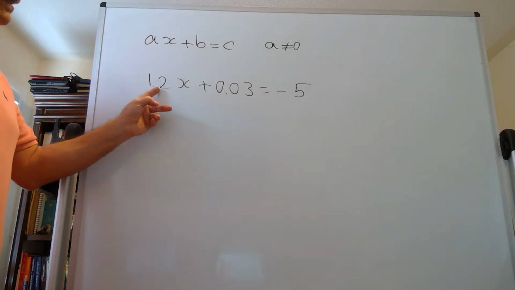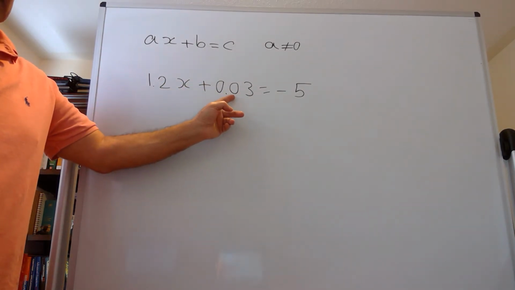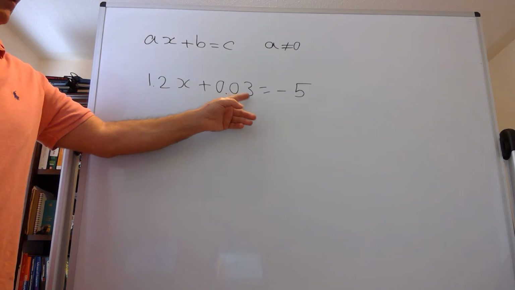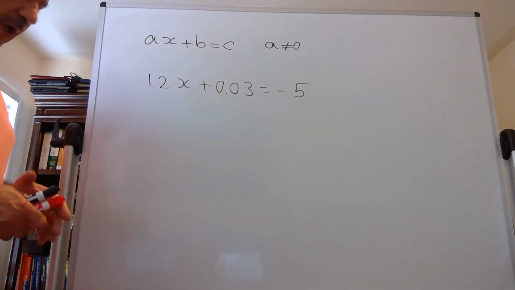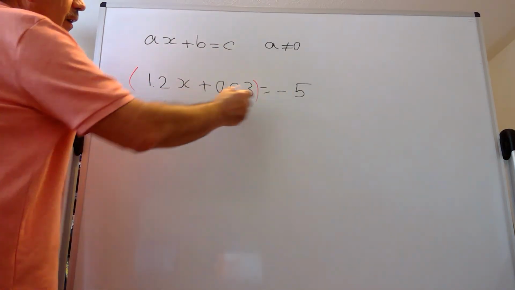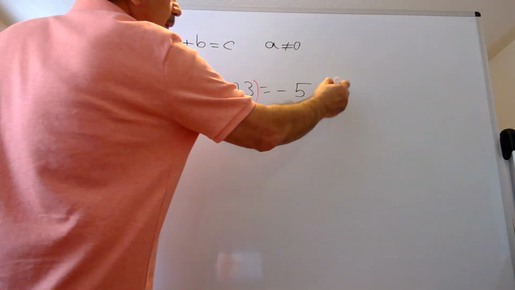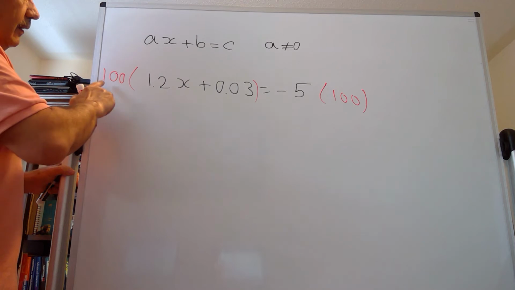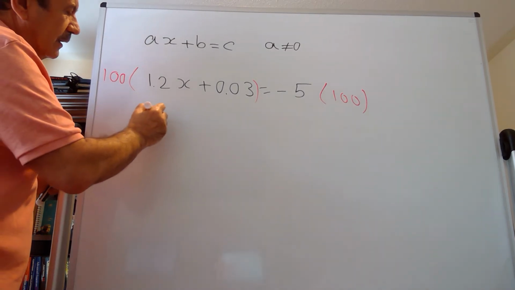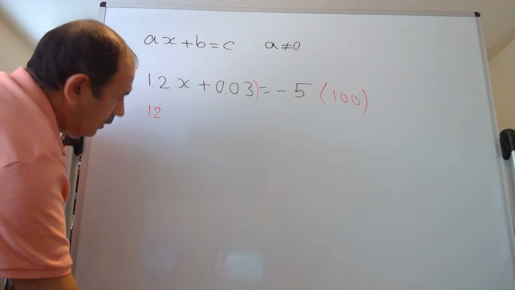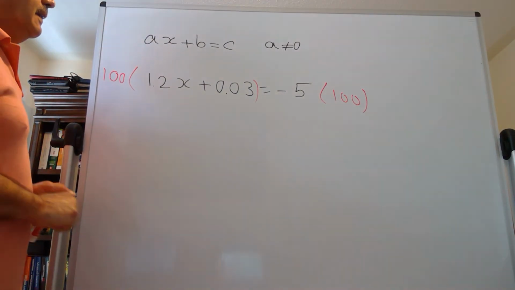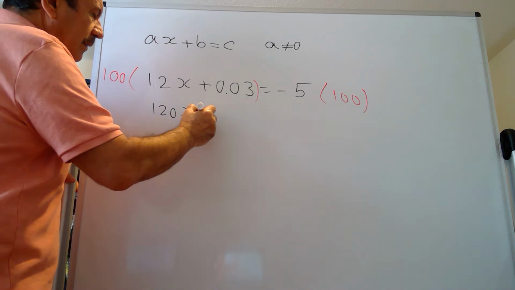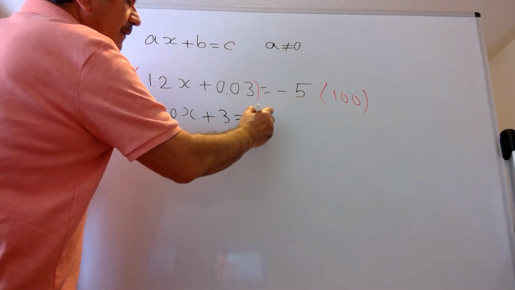I have 1 digit after the decimal here and 2 digits after the decimal here. So I multiply both sides of this equation by 100, the biggest number of digits after the decimal, which is 2. Then 100 multiplied by 1.2 is 120, so this one is 120x, and 100 multiplied by 0.03 is plus 3, equal to negative 500.